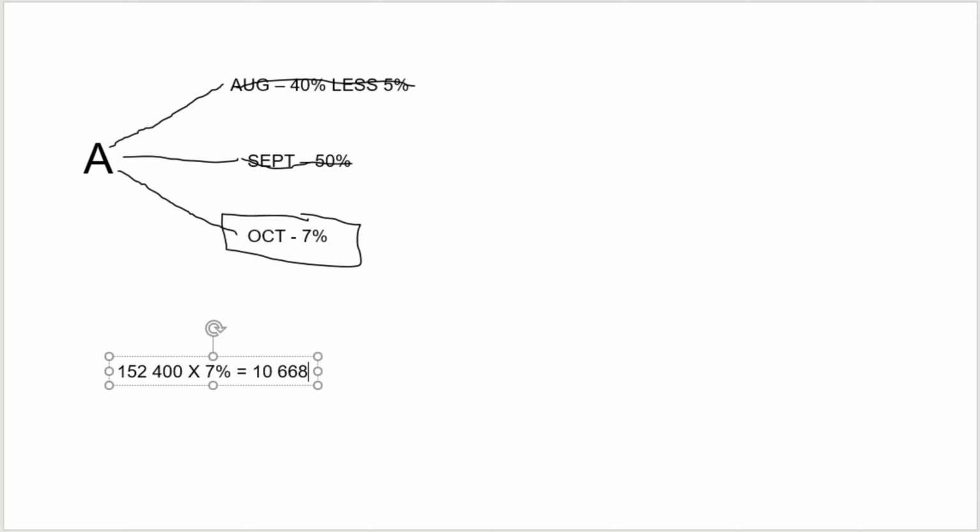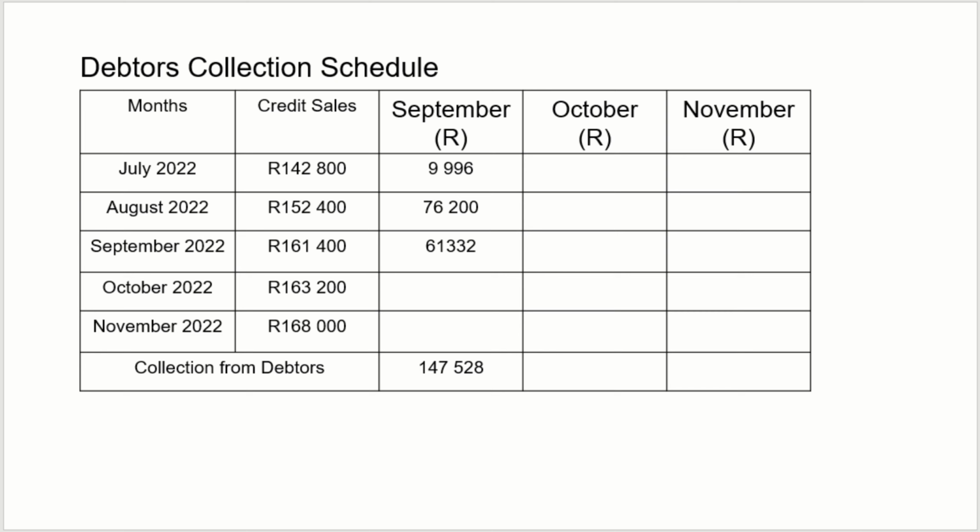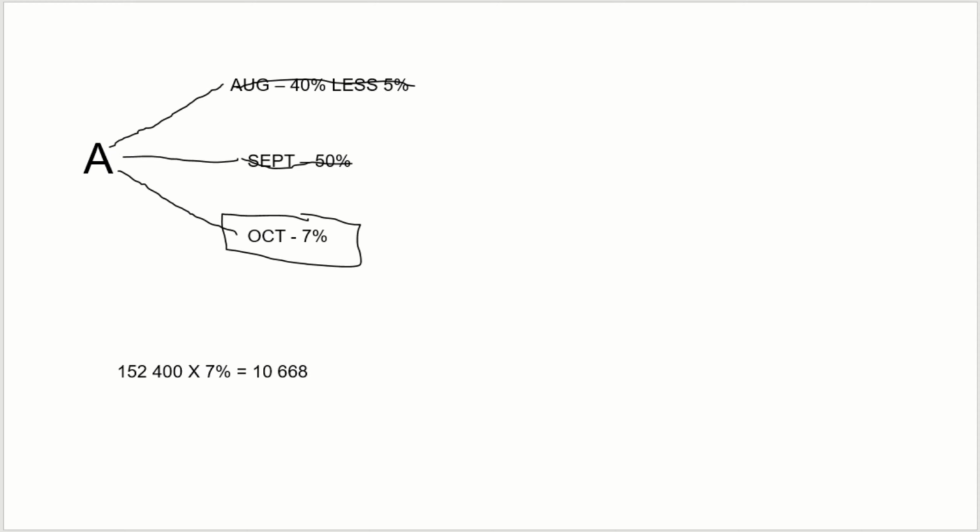Okay, so immediately after getting this amount, you're going to come to your debtors collection schedule and input 10,668 rands on the month of October. Remember what I said, the stem is the month of sale and the branches are the collection months.